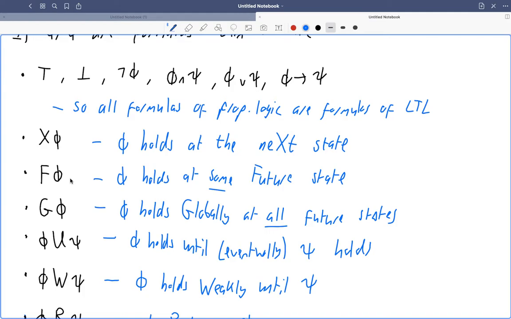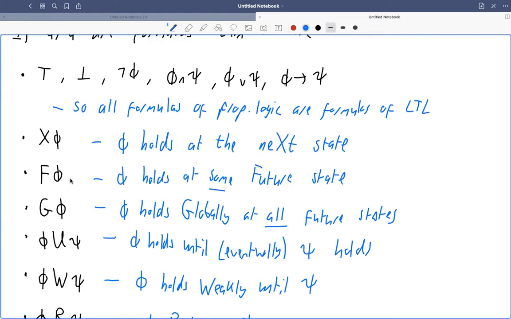And that evolution will be a path through the system, starting at some state and then going to another state and so on. And what we view when we look at the path, we think of the first state in the path as the current moment in time, and the rest of the path as how the system is going to evolve in the future.